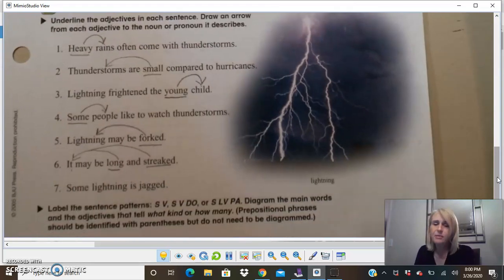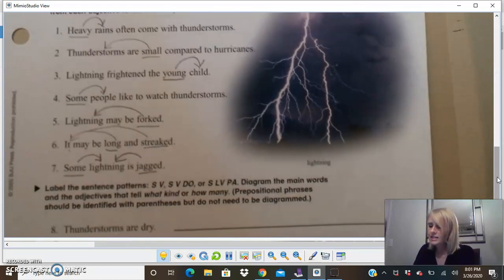So let's go to number 7. Some lightning is jagged. Well, there are 2 adjectives in this one also. Some describes the lightning, and jagged describes the lightning. So we have 2 adjectives that describe the lightning.